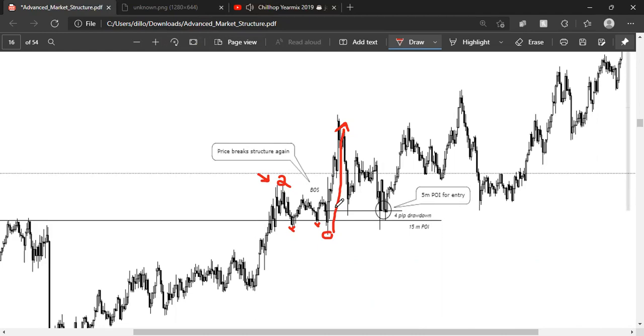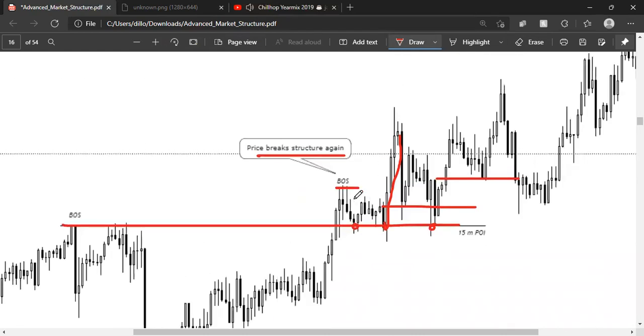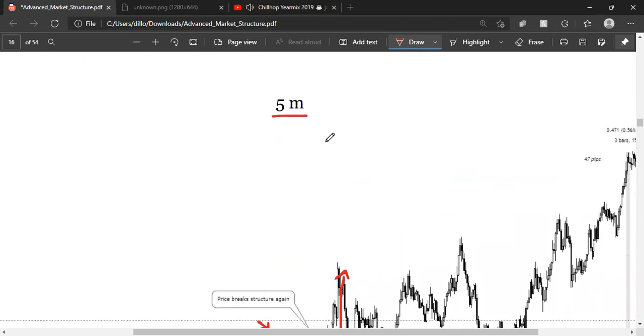So where is the lowest point of this demand, in this range right here, I guess you could say, right here, right? And this could be your entry from the 15-minute break of structure and then a 5-minute point of interest, right?